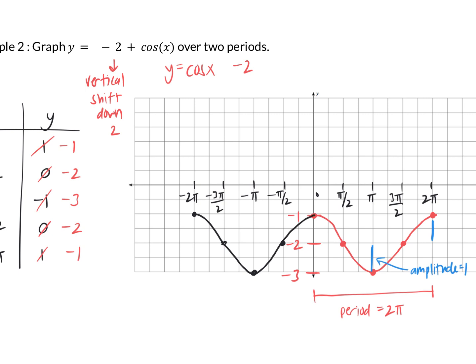And that would be my cosine graph. So y equals -2 plus cosine of x. And then it is over 2 periods, or on the homework you might see from -2 pi to 2 pi. Okay, that means I want you to graph that sine or cosine graph over that entire interval, and then stop.